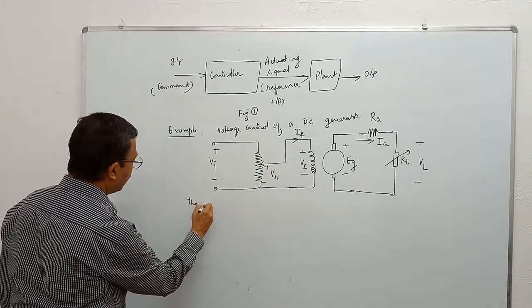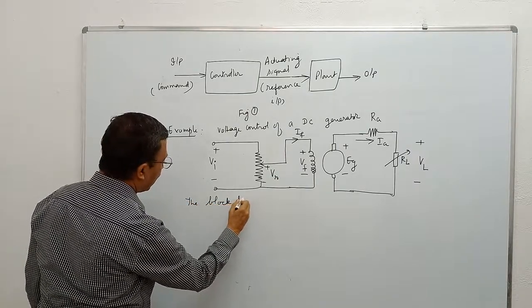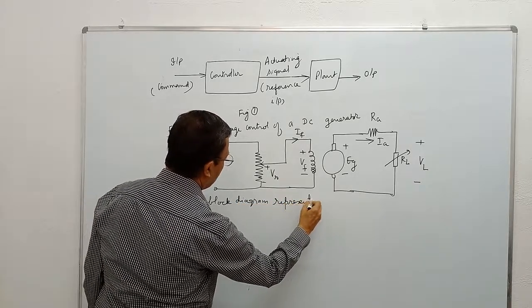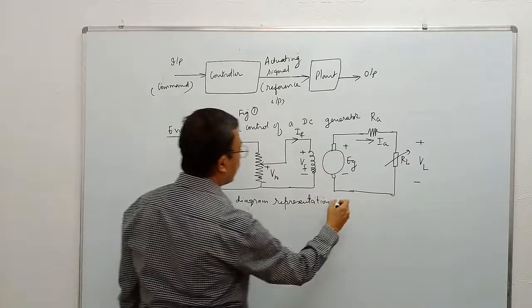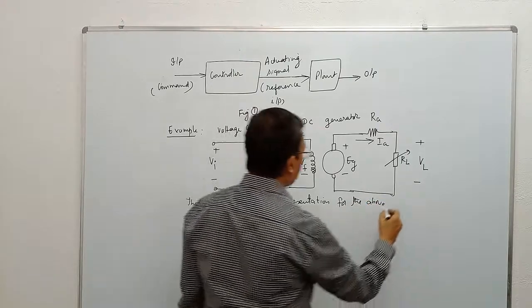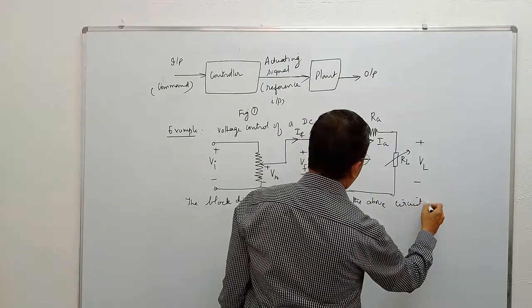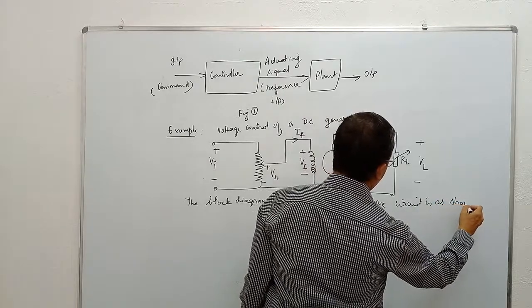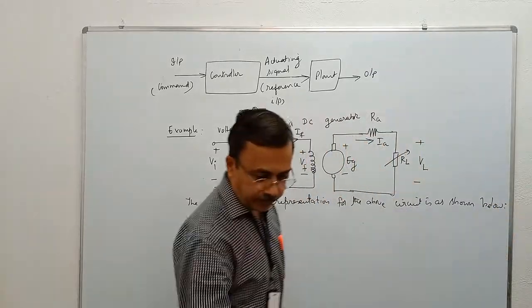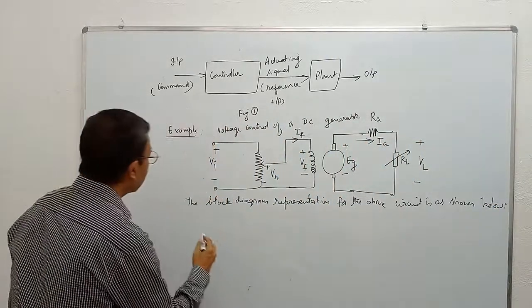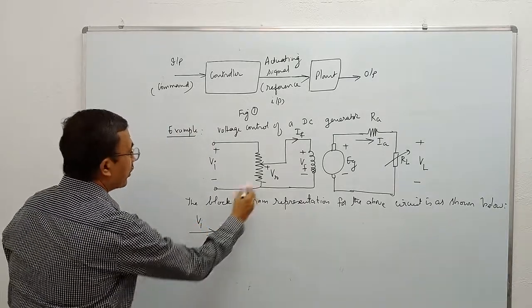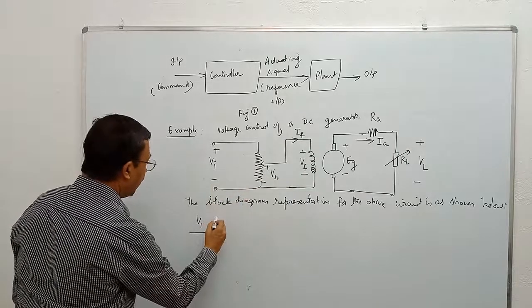The block diagram representation for the above circuit is as shown below. The voltage VI is converted into VR. VR is less than VI by the potential divider.